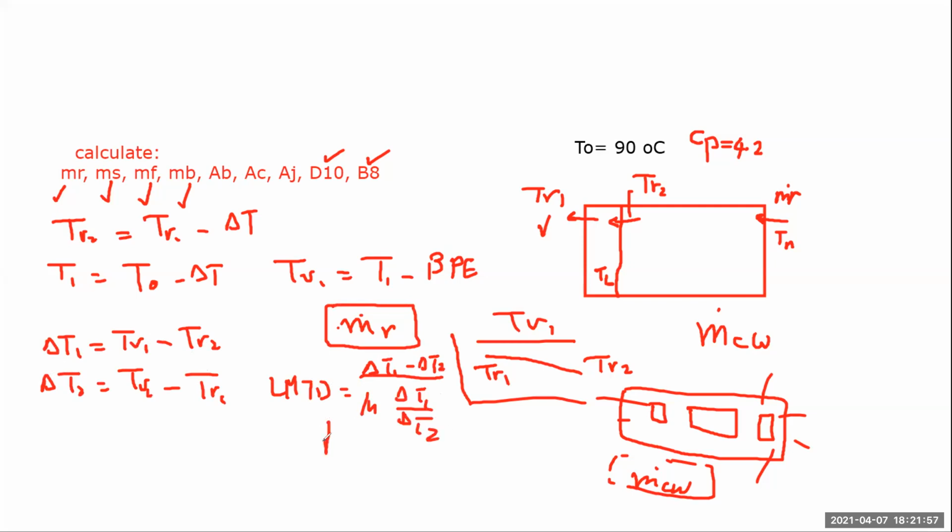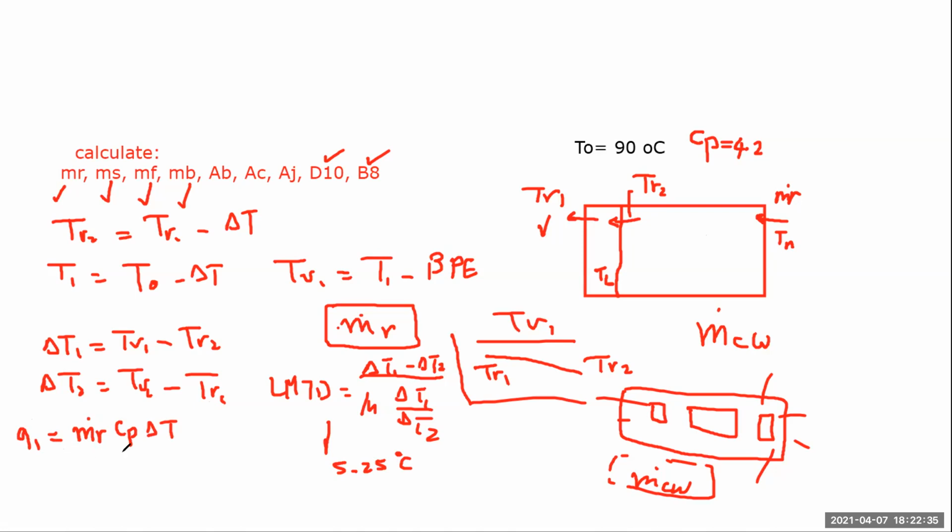You can calculate the value of the log mean temperature difference here, and the value would be something like 5.25 degrees Celsius. Q1, you can obtain by one of two ways. Either you can say it's m dot r into Cp into delta T, where m dot r is moving here. It will be heated from TR2 to TR1. So the difference between them is delta T. And then you can get the value of Q1.